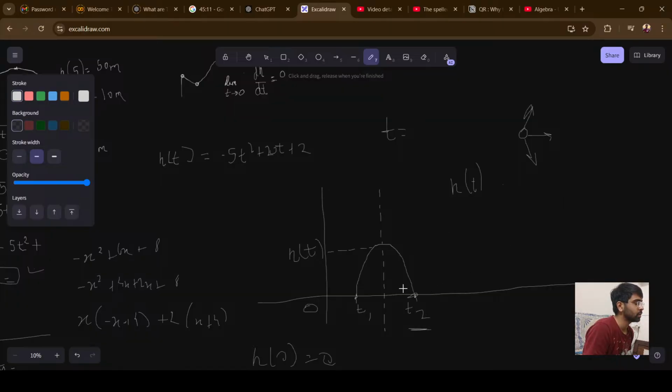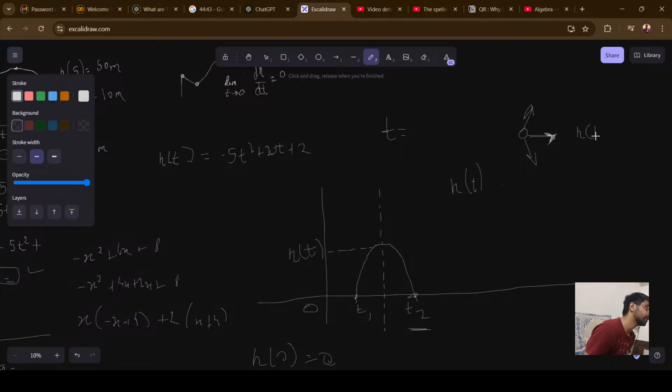This will be the time where, for a very small moment of time, the slope will be constant, meaning the slope will be 0.